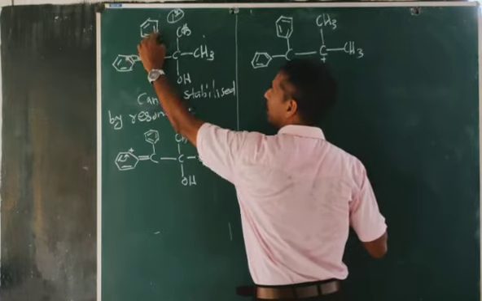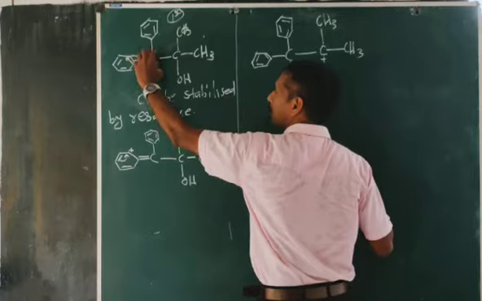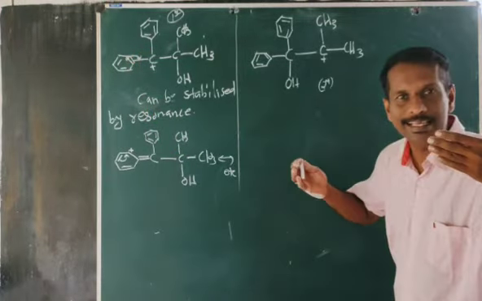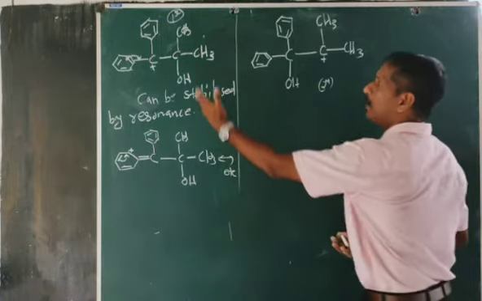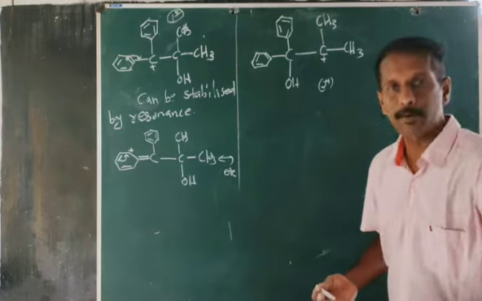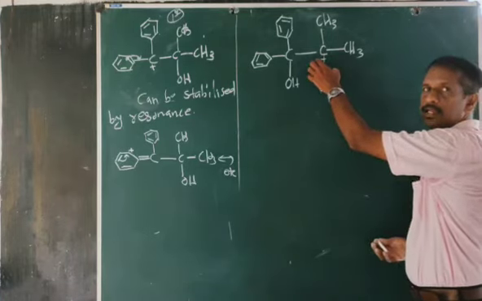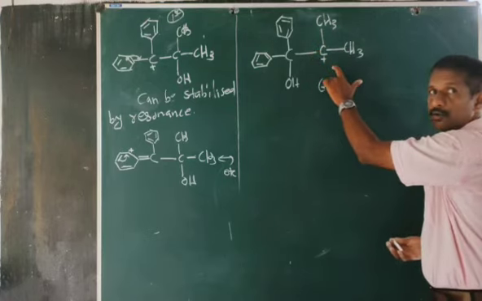There are two rings, due to the presence of these two phenyl groups, so this carbocation can be immediately stabilized. Therefore, the product formed from this carbocation will be the major product, and here you can see that there is no possibility of resonance stabilization for this carbocation.